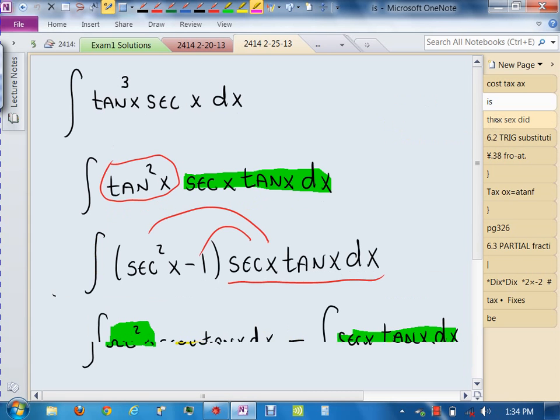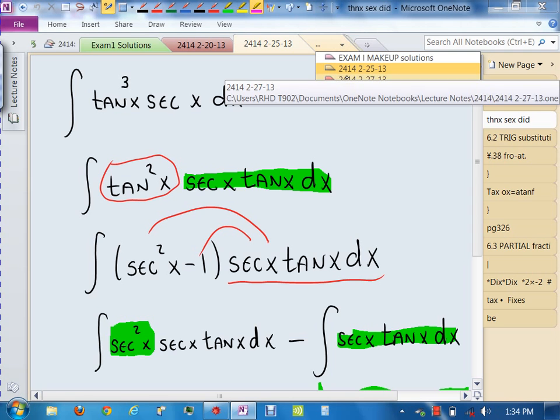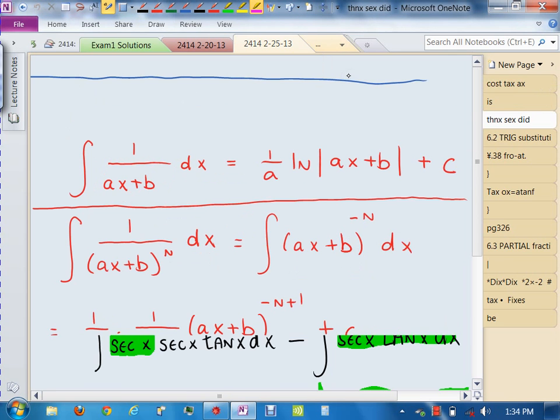But look at the next one. It thinks "sex did." And so it appears up here, right? So James thought that I had left one of my windows open on a web search or something like that, when it actually wasn't. It's just the program. Too bad. I always close my web pages.